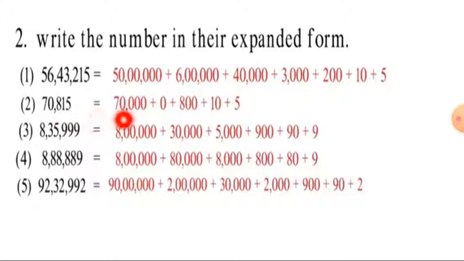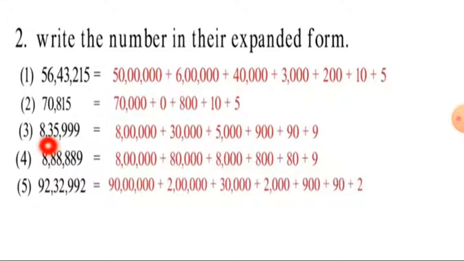Now leave one line and copy the next sum. 70,850. Now 70,000 plus. Now students, here at the 10,000 place 70 is there. So we wrote 70,000. At the 1,000 place there is no number, only 0 is there. So we will write only 0. Plus 800 plus 50. Now the next number, the third sum.